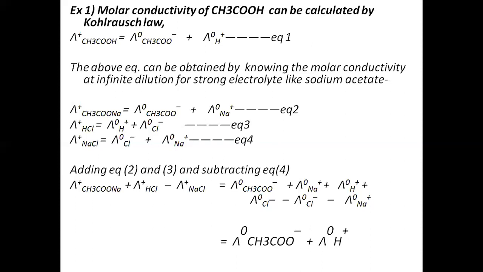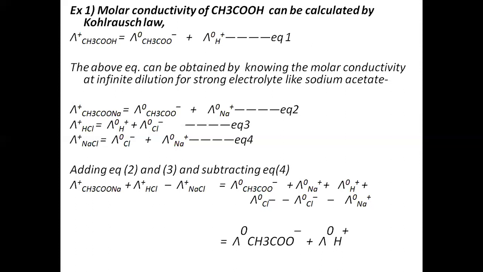Then our aim is to find the molar conductance of CH3COOH. For that, we simply add equation 2 plus equation 3, that is the molar conductance of sodium acetate plus HCl. Then subtract equation 4 from that. Then we get lambda 0 CH3COO minus plus Na plus, lambda 0 H plus, lambda 0 Cl minus, minus lambda 0 Cl minus, lambda 0 Na plus.